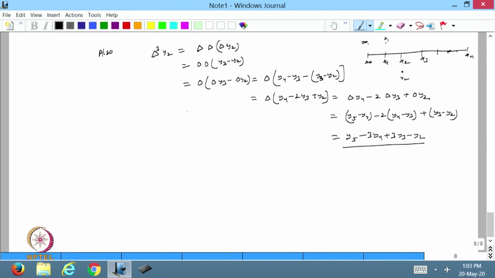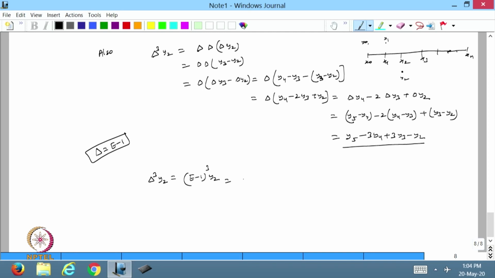Now, I can do the same thing directly with the help of the relation. I want to find del cube y2. I know that del is e minus 1, so it is e minus 1 cube y2. We already know that the forward operator is equal to e minus 1.